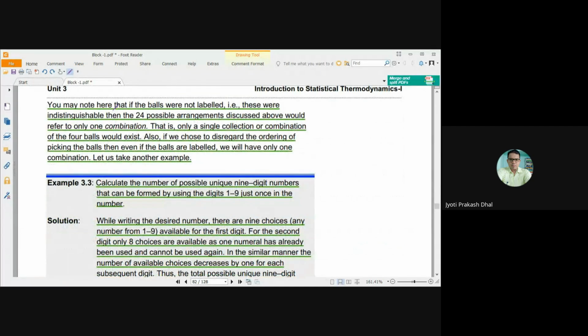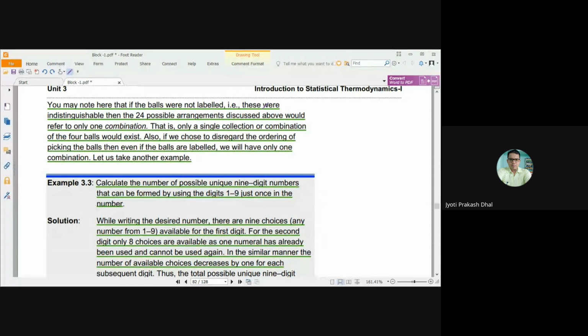You may note that in the previous case the balls were labeled A, B, C, D, but if the balls are not labeled and are indistinguishable, then the 24 possible arrangements discussed above will be referred to as one combination.